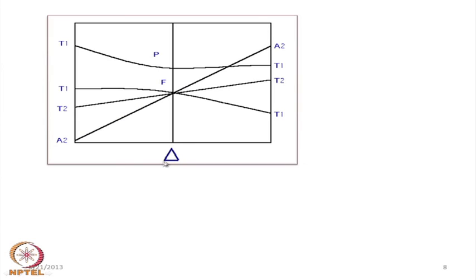So, we have this delta value. This F term is split into A2, T2 and T1 on the left, and the reverse, that means T1, T2 and A2, on the right.